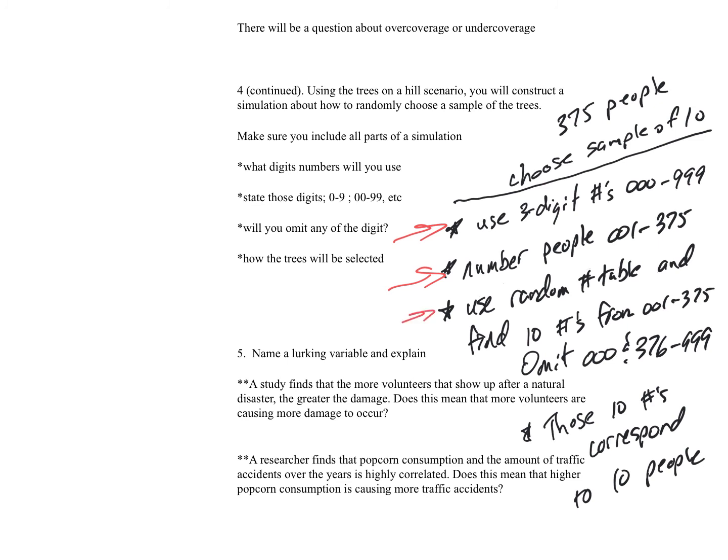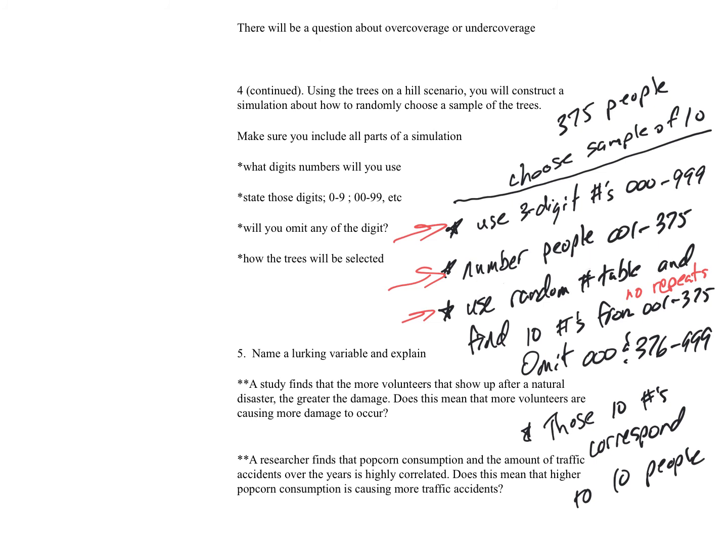Now, I'm going to pull a random number table out, and we all know how to use it. And you're going to find 10 numbers from 001 to 375. And if you want to put in here, no repeats. Why? Because a repeated number is the same person. I actually kind of like that. Find 10 numbers from 001 to 375 with no repeating.